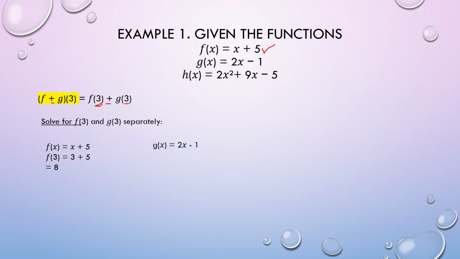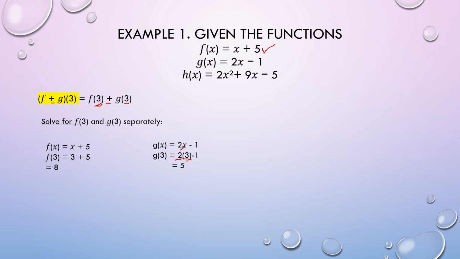Now we go to g of x. We're going to use 3 here as the value of x. So we have g of x is equal to 2x, which now becomes 2 times 3 because the value of x is 3. And so we have 2 times 3 is equal to 6 minus 1.